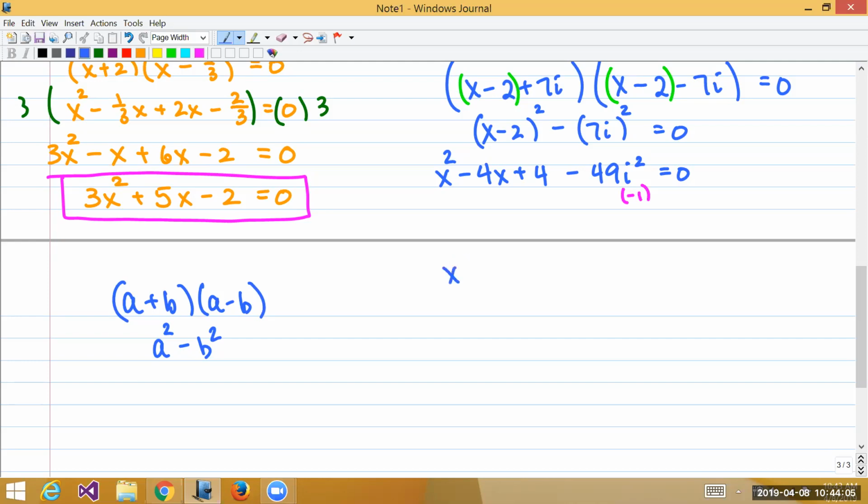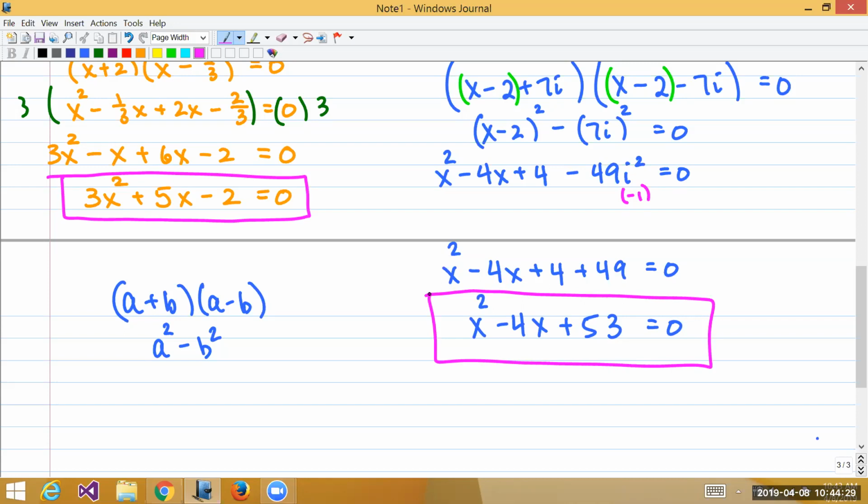So that gives us x squared minus 4x plus 4. Negative 49 times negative 1 is positive 49, equals 0. So that gives us x squared minus 4x. 4 plus 49 is plus 53, equals 0. And that would be our quadratic equation.